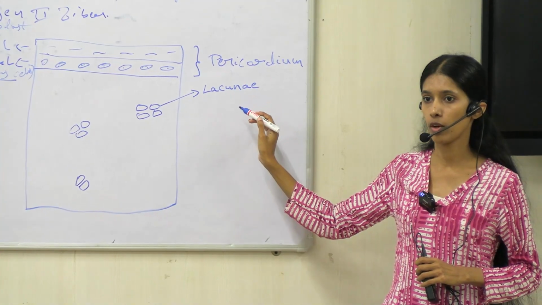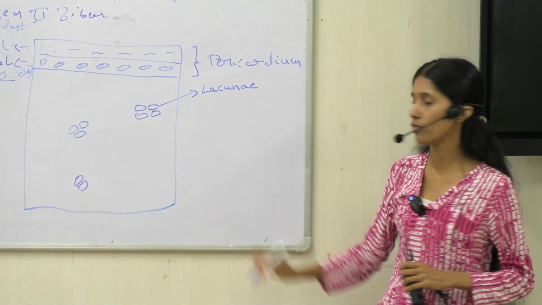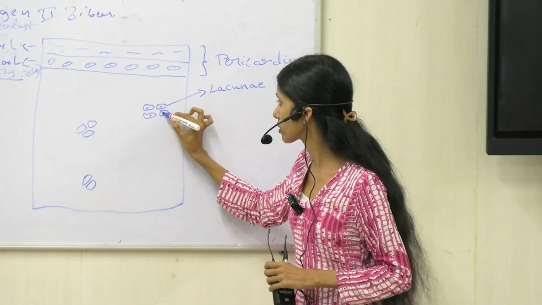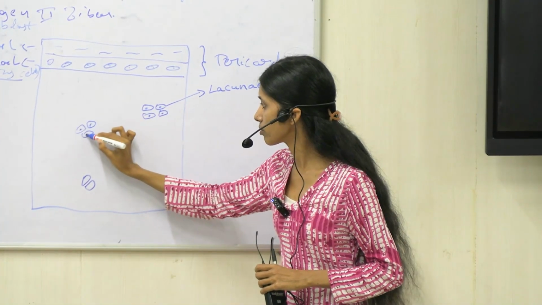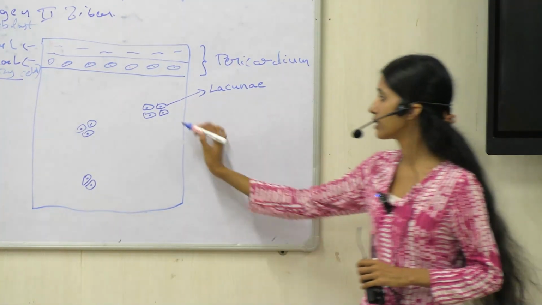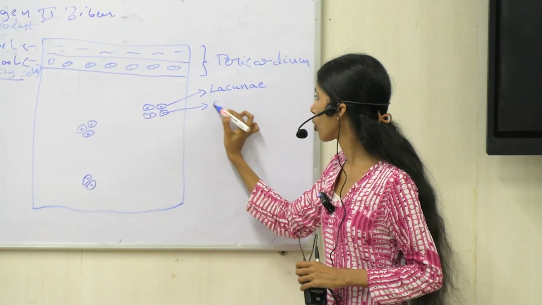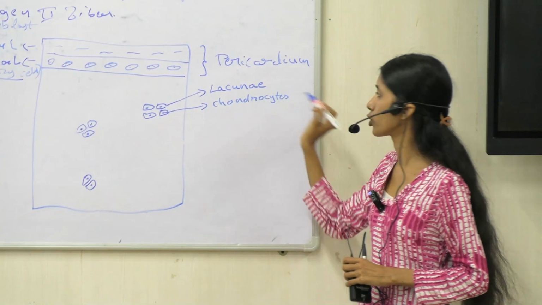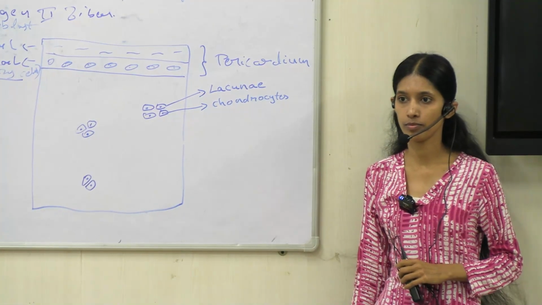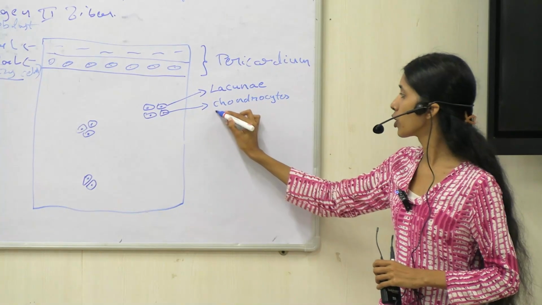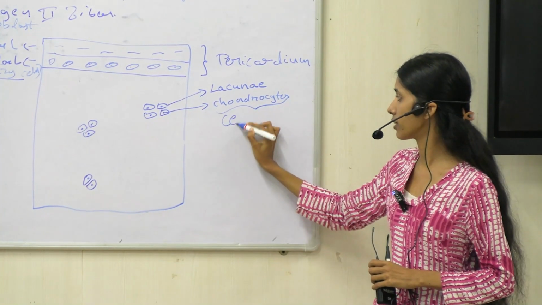Inside the lacunae we can see the presence of nucleus like this. These are called as chondrocytes or chondroblasts. So now these two structures together called as cell nest.